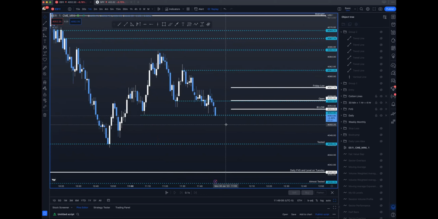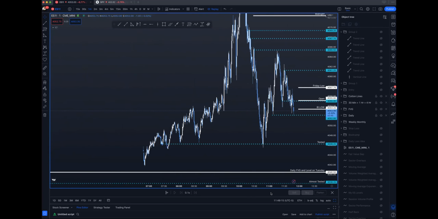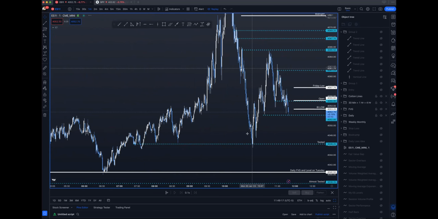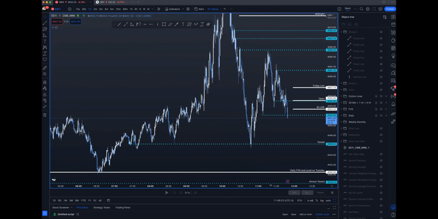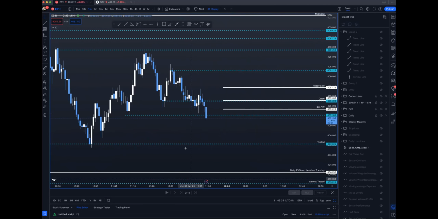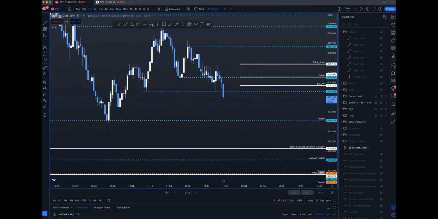Ooh, look at that. What's it going to do? You know, and overnight, it hit, like I said, it hit that daily, laddered up, came all the way back in, and look how strong that was. I was in that long, but it just didn't keep going. Man, look at that. Here's this break.